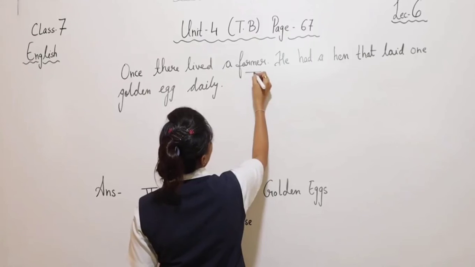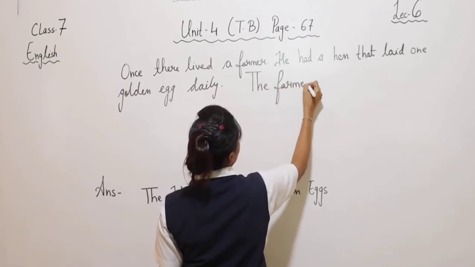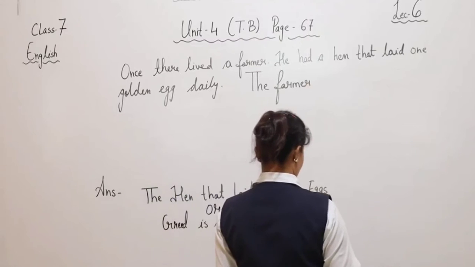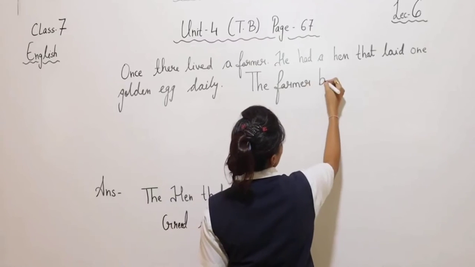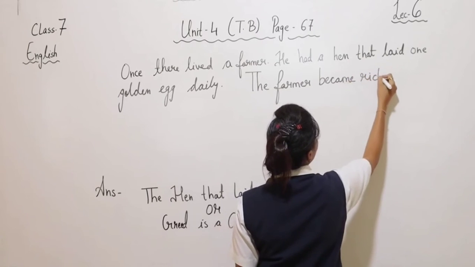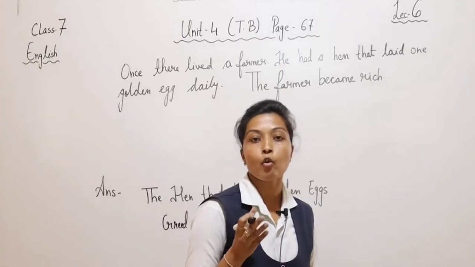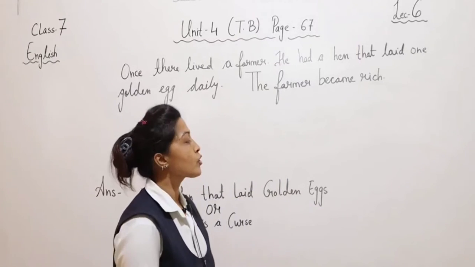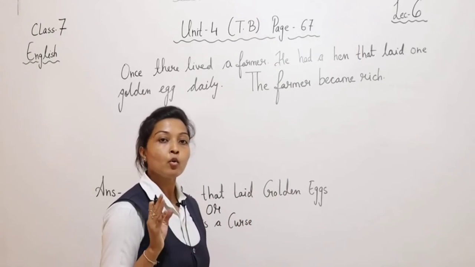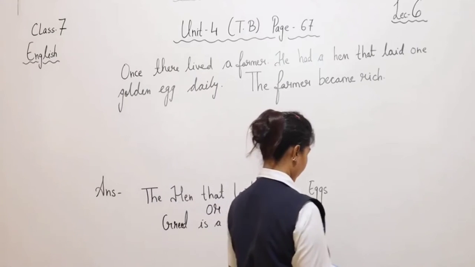The farmer became rich. Now getting every day one golden egg, it's a gold, and you know how valuable it is. So by getting every day one golden egg, the farmer became rich.